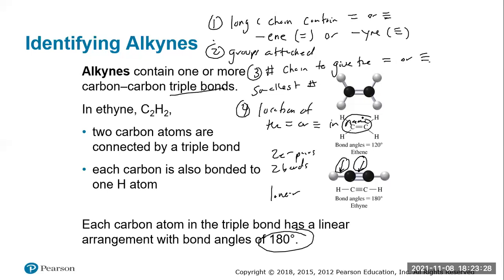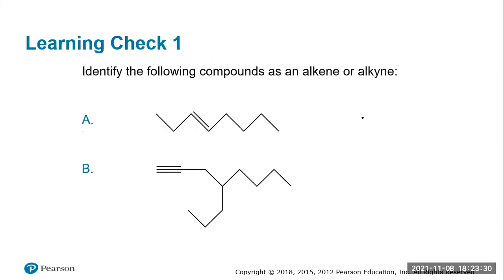So let's go through here and see the process. Again, we're going to be looking for the longest continuous carbon chain. In the case of A, we're looking for obviously the one that contains the double bond. So that is 1, 2, 3, 4, 5, 6, 7, 8 carbons.